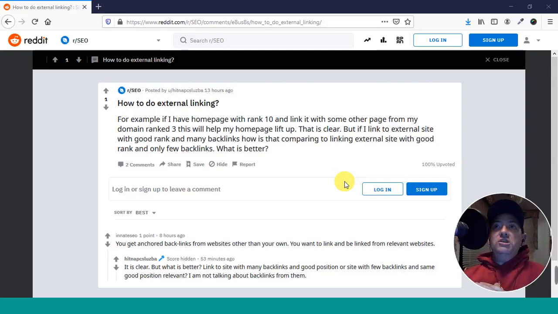I wouldn't just link to just anything. I would be very careful about that, because remember, good sites have a tendency to link to other good sites. One of the characteristics of good sites is they don't link to bad sites.